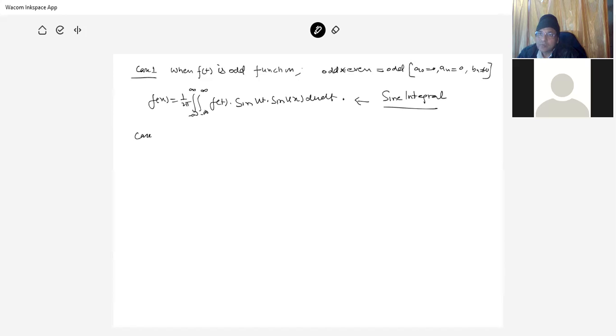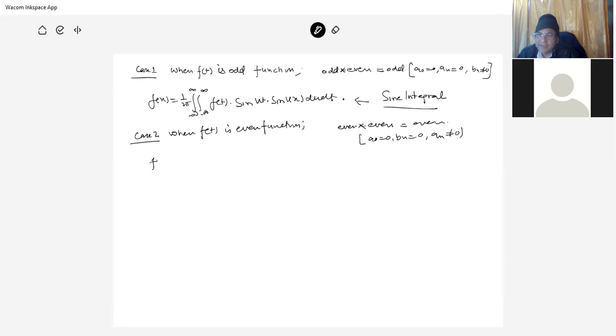Case 2: when f of t is an even function. Even into even is equal to even. So a0 is nonzero, bn is 0, and an is not equal to 0.